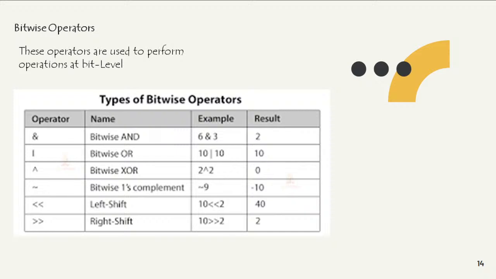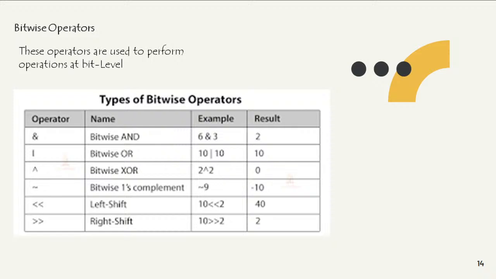Logical operators work on data, whereas bitwise operators work at bit level. I already said that any type of data, whether integer, float, character or double, has a size like 1 byte, 2 bytes, 4 bytes, 8 bytes. A byte is nothing but 8 bits. A logical operator works on the complete byte together. It cannot take bit by bit and operate on it, whereas with bitwise operators we can do operations at bit level.